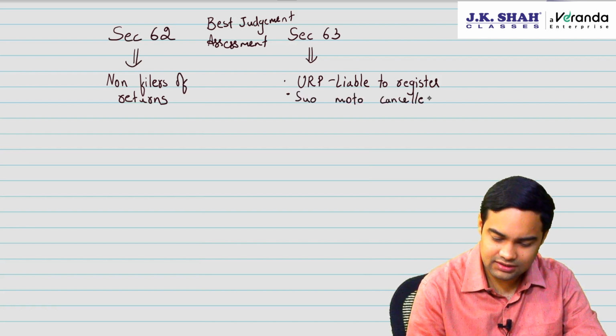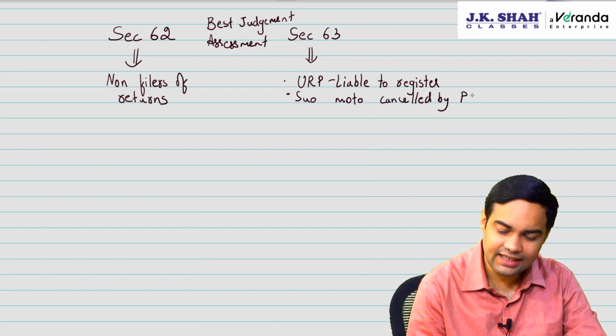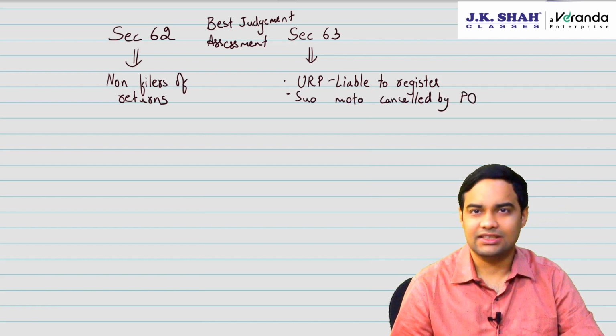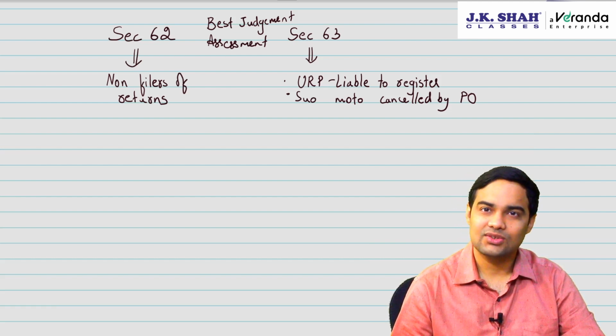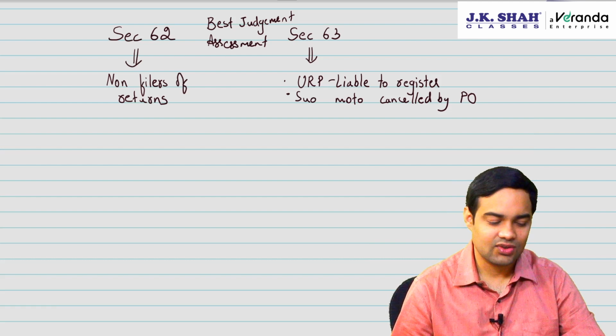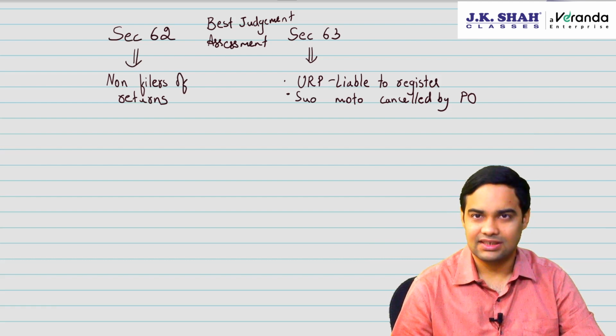In these two cases, they can issue a best judgment assessment order. Remember, it overrides 73, 74. There is no need to issue a notice under 73, 74 if it is a case of best judgment.